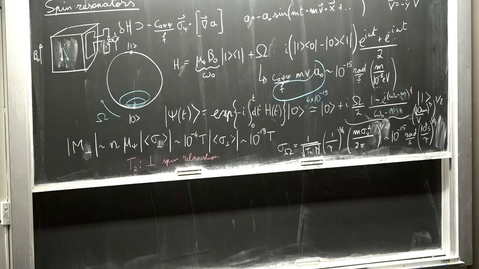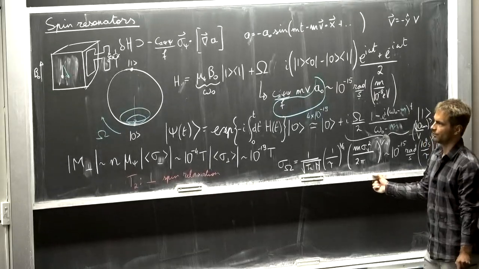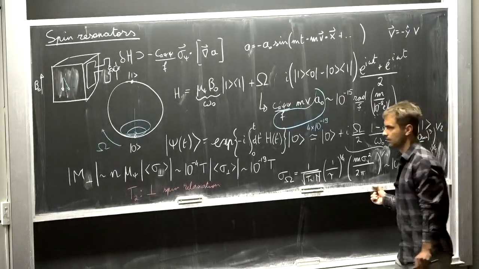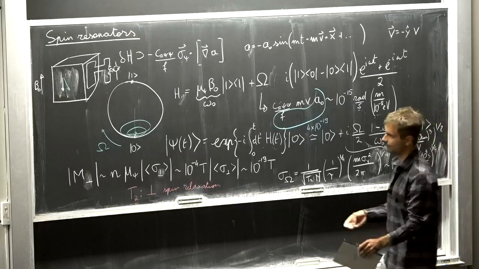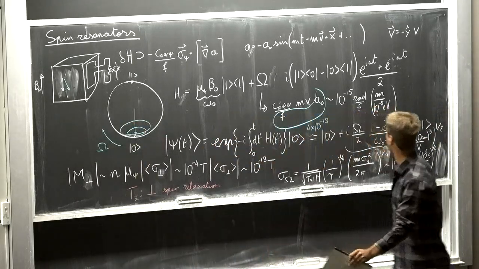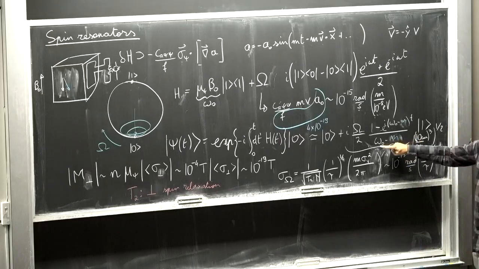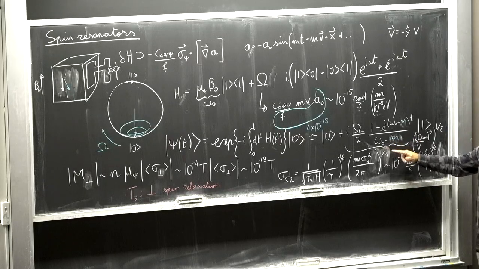The challenge with these types of experiments is that they're resonant, which is good and bad. The resonance means that I amplify the signal, right? So I get for free the small denominator here, which means I get to integrate coherently for a long time.